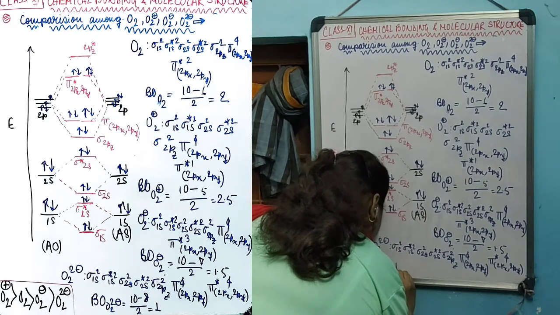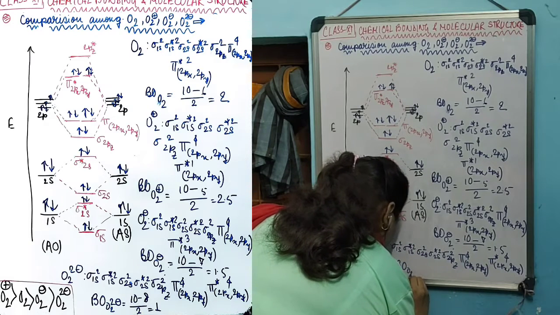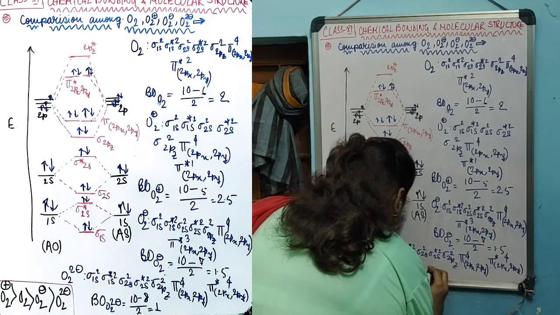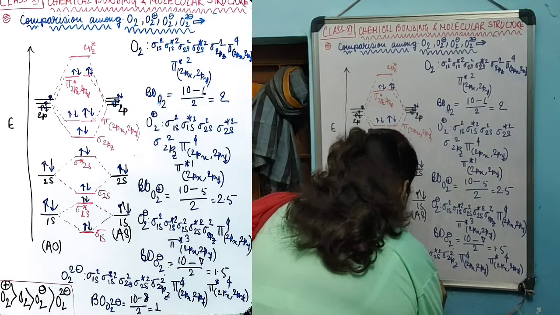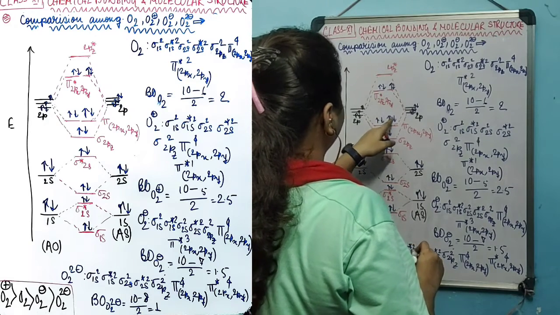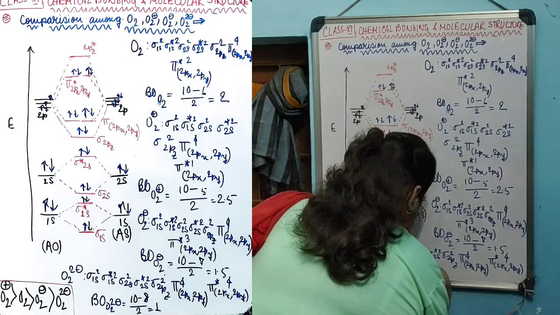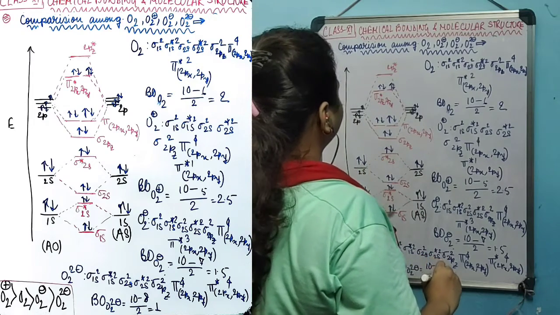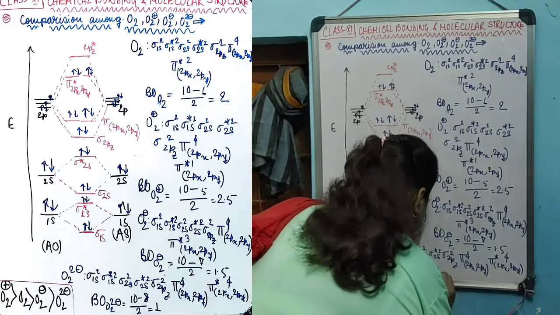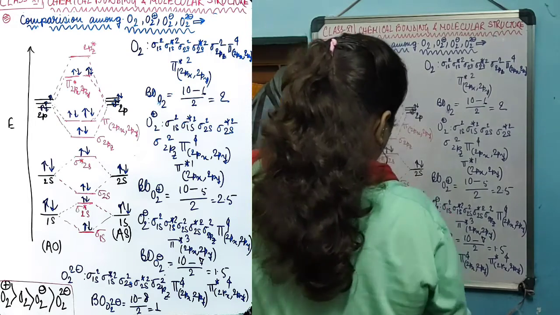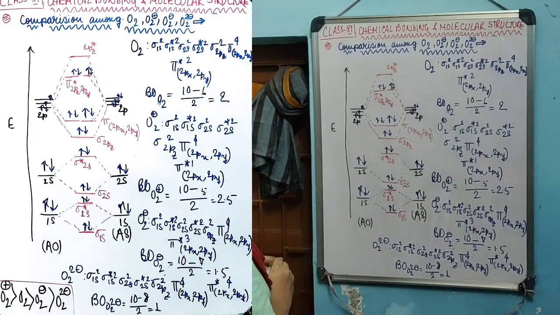So the bond order for O2 2 minus is 10 bonding electrons minus 8 antibonding electrons, divided by 2, which is 1. So the bond order is 1 for O2 2 minus.